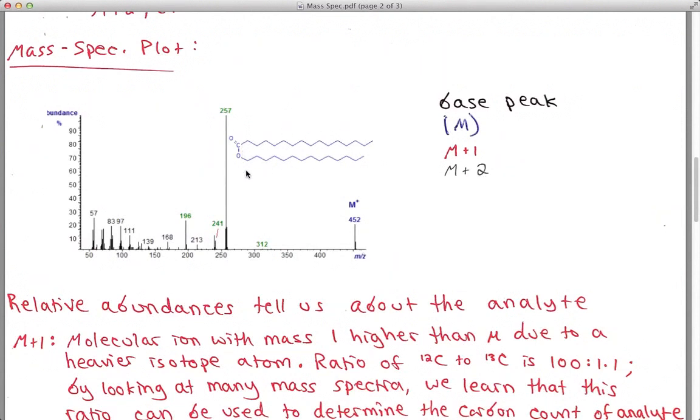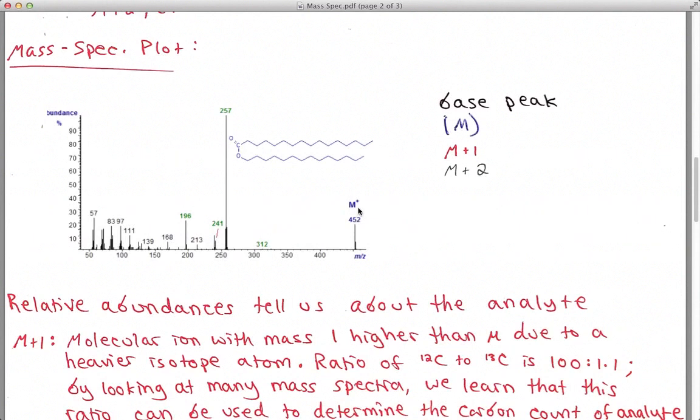So for this particular molecule, which I'm not going to attempt to name on the spot, although if you want some practice with naming, that would be something good to do in your own time, we're given that the m/z ratio of M is 452. M is represented here, right? We could identify M if we weren't given the molecule.